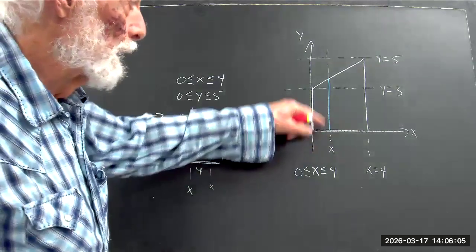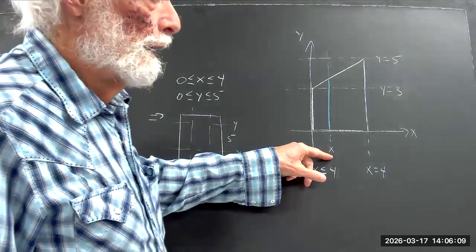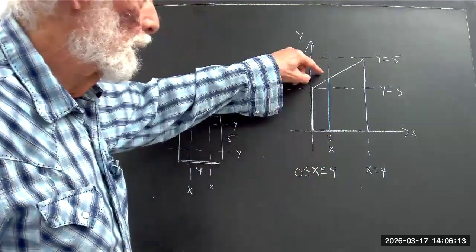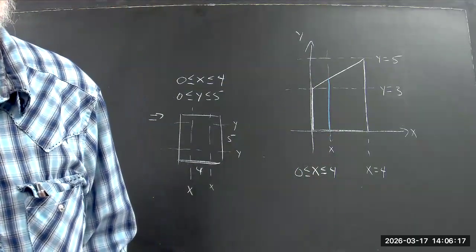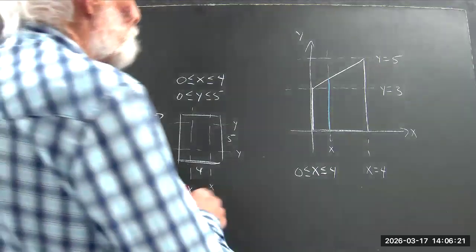No matter where my x is, I can do this. Okay, if I tell you where x is, can you tell me what the lowest y value is, 0? Can you tell me what the highest y value is?